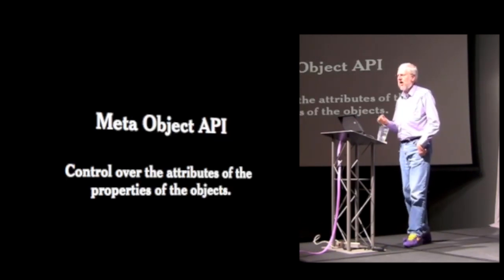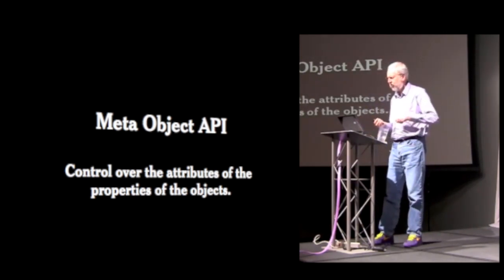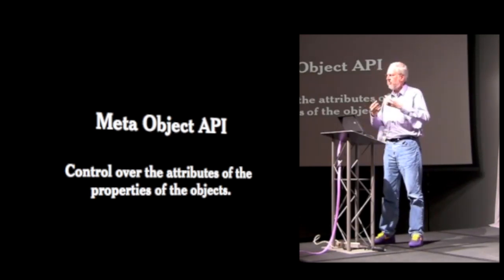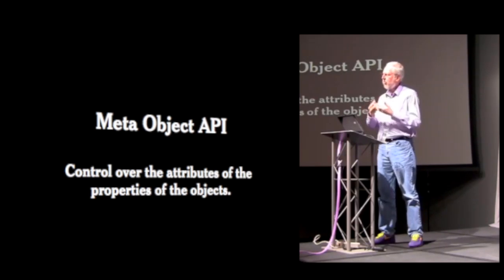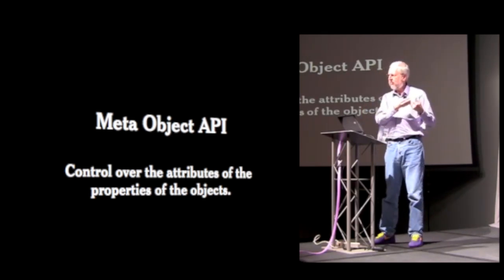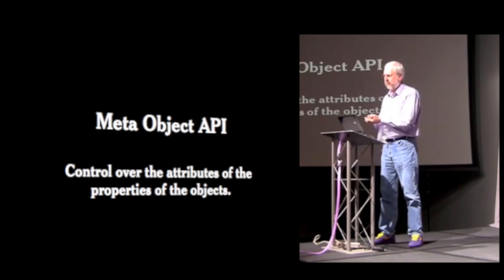We have a powerful new meta-object API in the language, which gives you control over the attributes of the properties of objects. Okay, you know what objects are. Objects have properties. We sometimes call them members or methods or elements, but they're all properties. Properties have attributes.